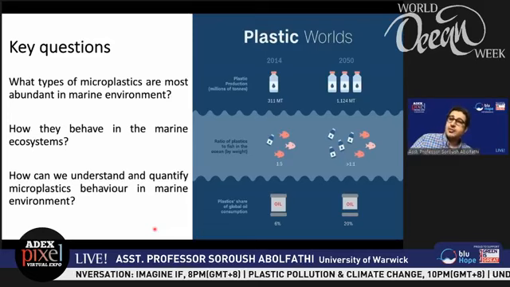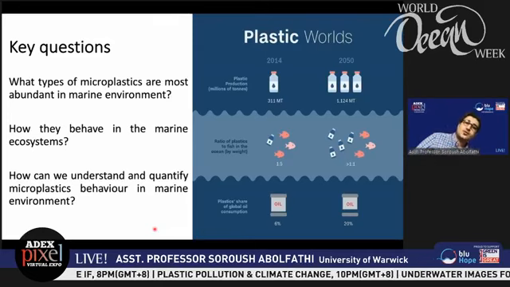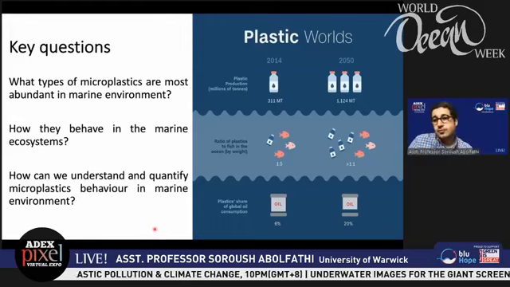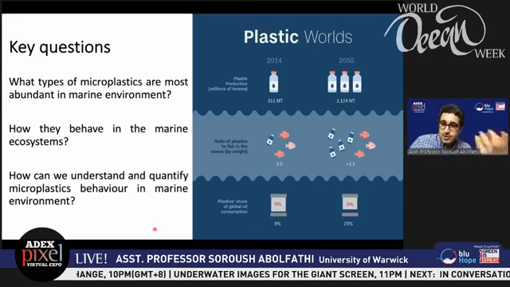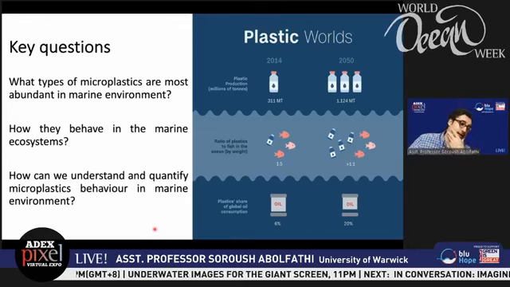We said, okay, if you want to tackle the microplastic problem, first of all, we need to know the most abundant type of plastic in the marine environment, how they behave, what would be the underlying equation that we can add to this system and solve it, and then how we can quantify this.